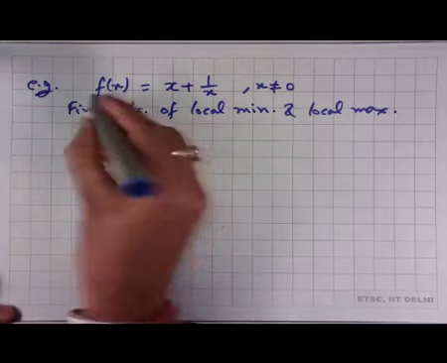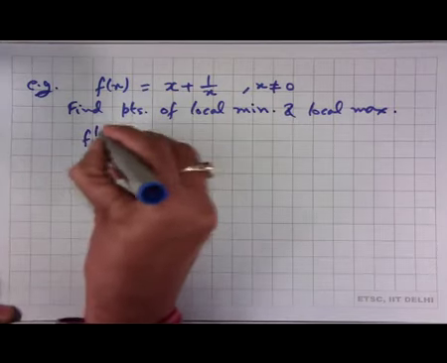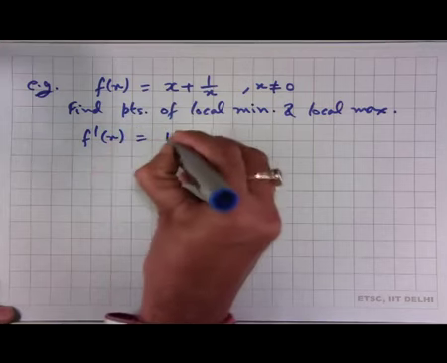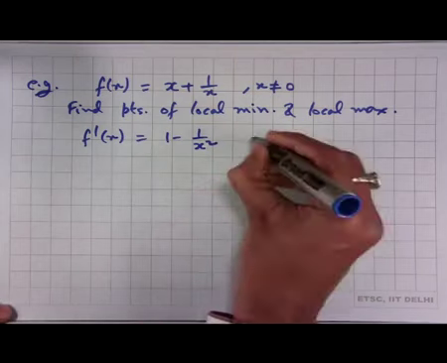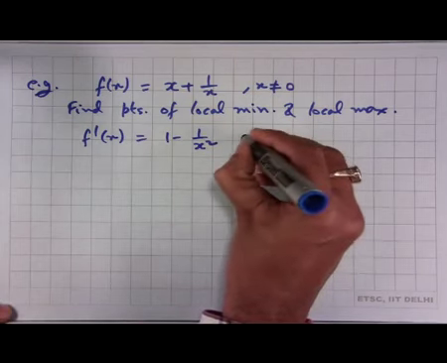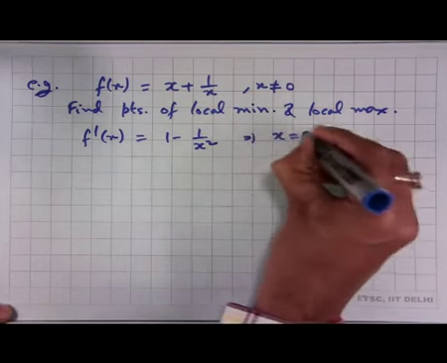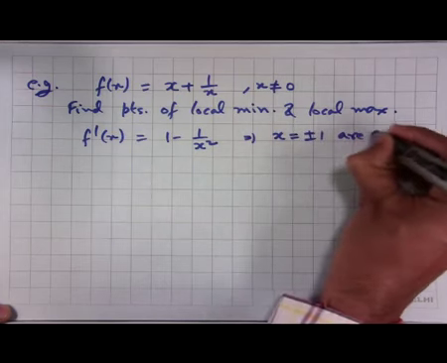So, here like we calculated that first derivative f prime x is 1 minus 1 by x square, and this gives x equal to plus minus 1 are critical points.